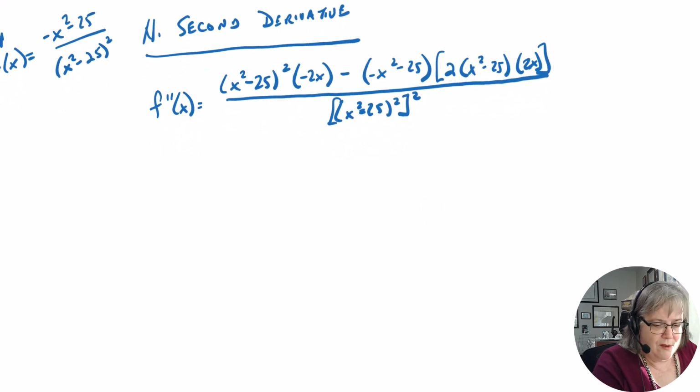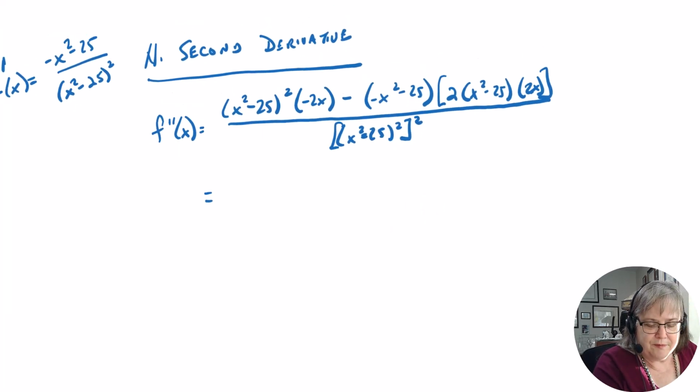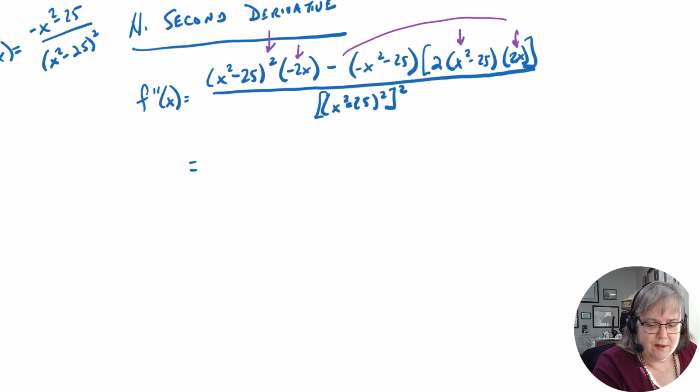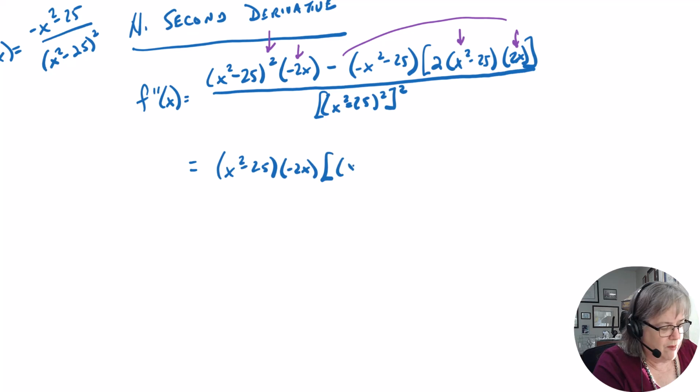So what we can do is, do you see how in the top there's an x squared minus 25 here, and an x squared minus 25 there, and a minus 2x here, and this 2x we can pull this minus that's over here. So I'm going to factor out an x squared minus 25 and that minus 2x, and that's going to leave me this x squared minus 25 from the first term minus 2 times x squared plus 25.